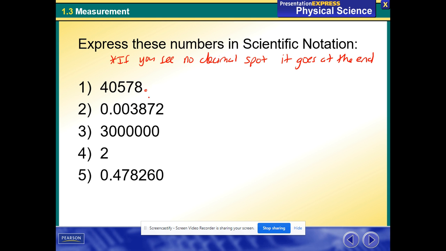We want to move this so only one non-zero digit is in front of it. So we have to keep moving, and we can't leave it here because this number is not between 1 and 10. Here, 4 is going to be between that 1 and 10, so we can leave our decimal there. So let's rewrite our number with our new decimal position.